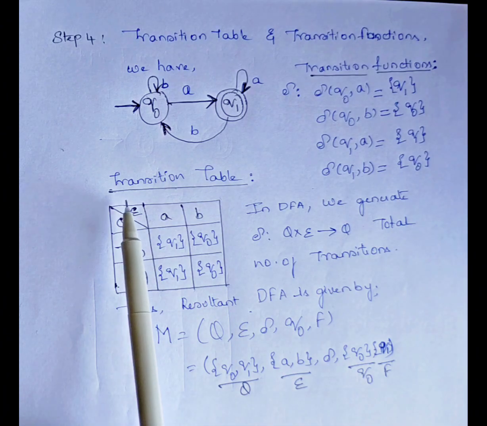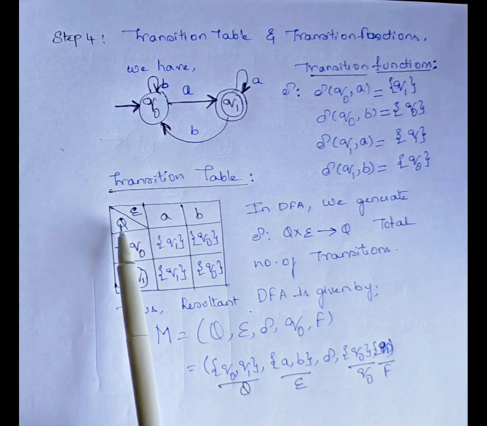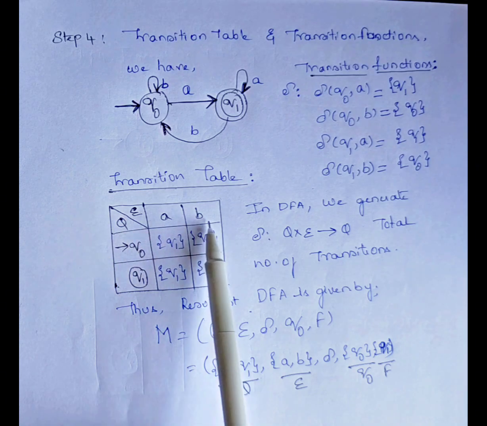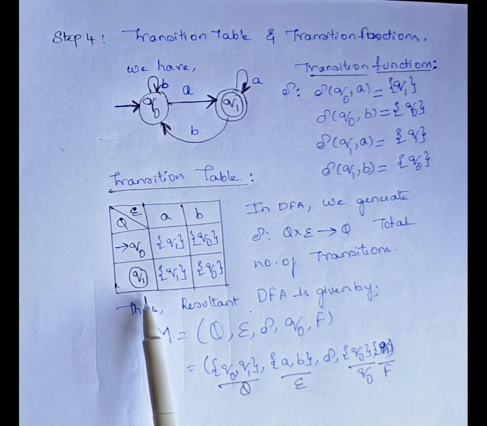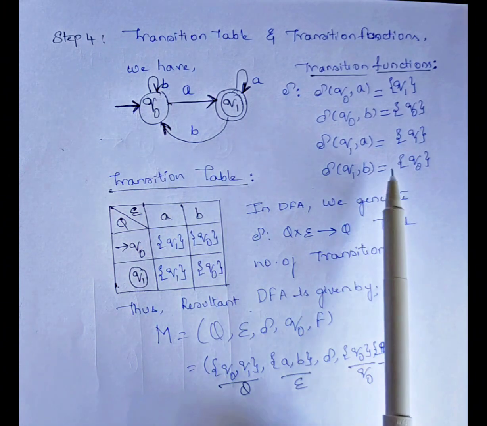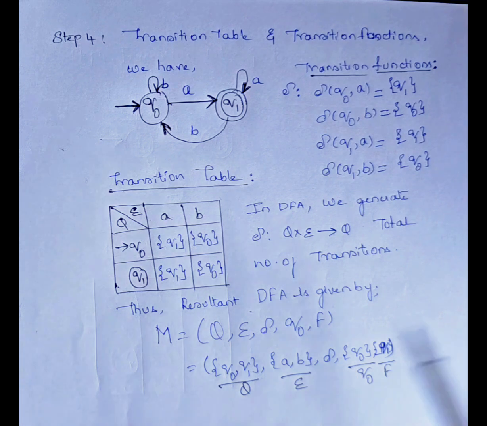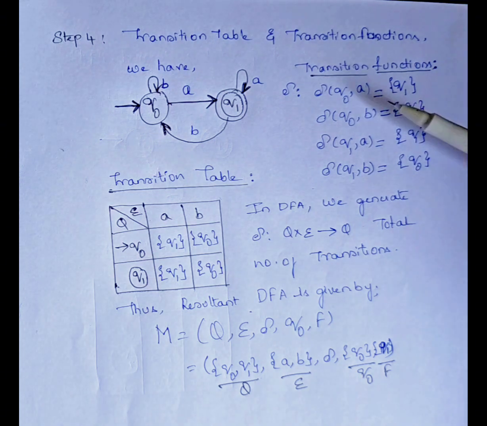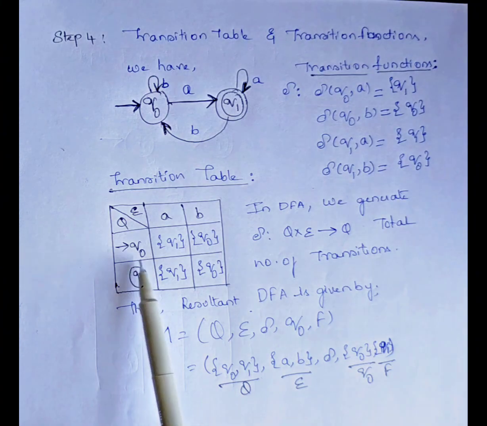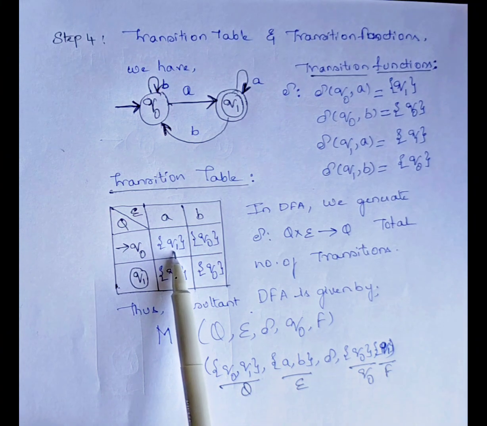Next, we'll generate the transition table. In the transition table, we'll consider the rows and columns as the alphabet A, B and the states Q0, Q1. The table entries are given based upon the transition diagram or transition functions. Here delta Q0 on A is equal to Q1, so Q0 on A is entered as Q1.